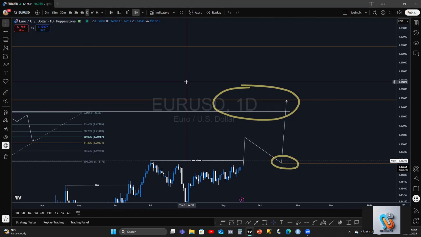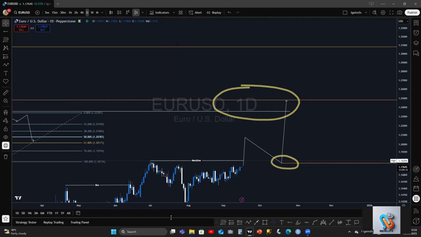If you have not downloaded your MetaTrader 5 or your TradingView, please do that. Just go to tradingview.com, download the application, create an account, and any broker of your choice, you link your account. That is your demo account. I am not promoting any broker, I don't need all those rubbish. So choose any one of your choice that you like.